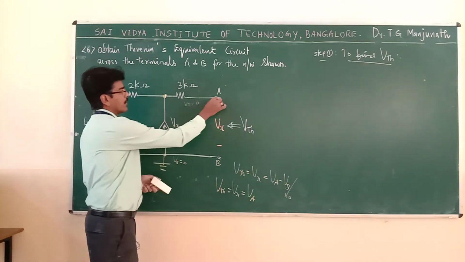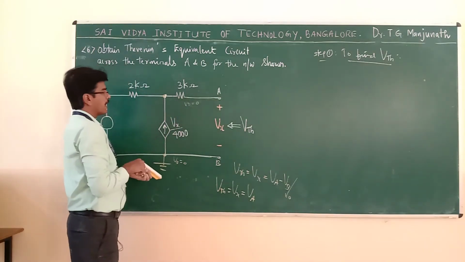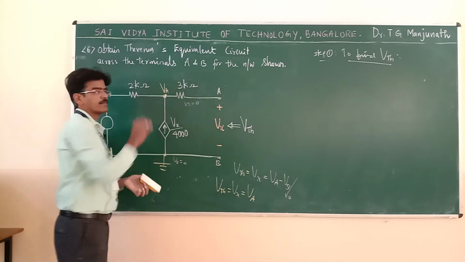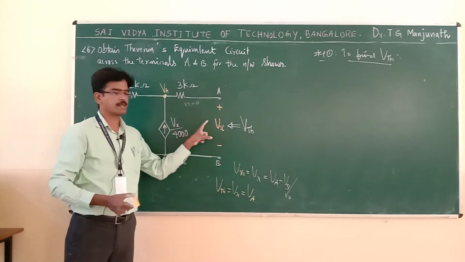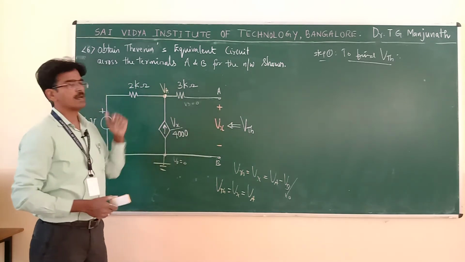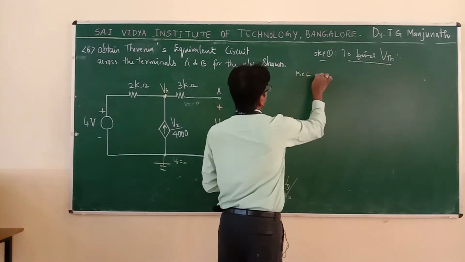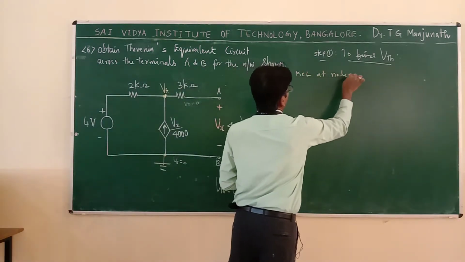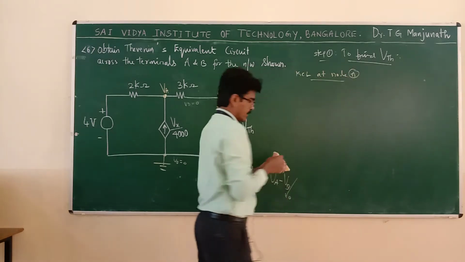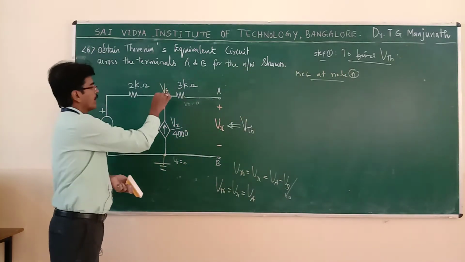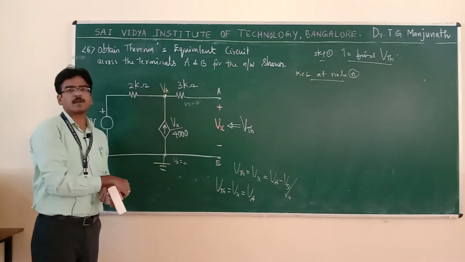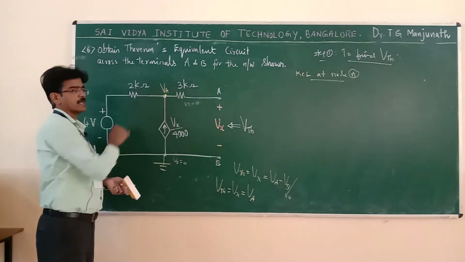So, I can take the voltage of this node as Va, which is equal to Vx, equal to V Thevenin. Now, let us apply KCL at node A. At this point, how many currents are meeting? Two currents are meeting.